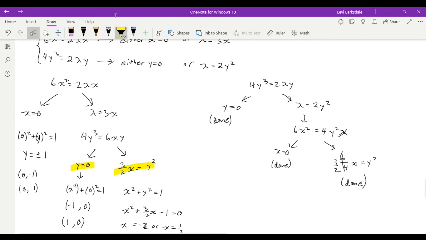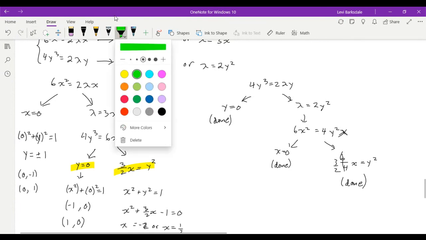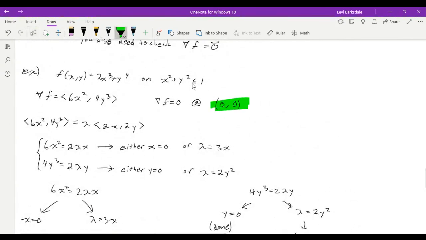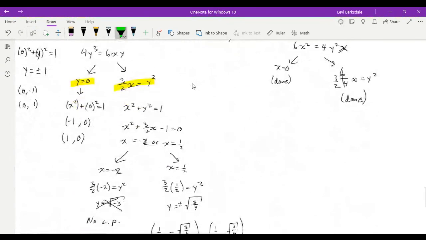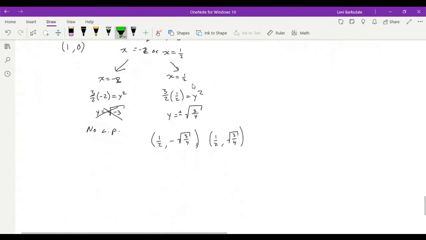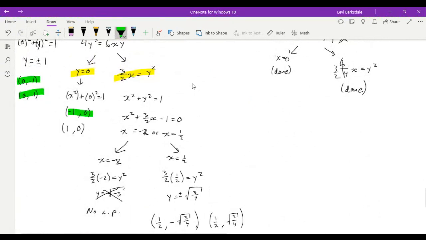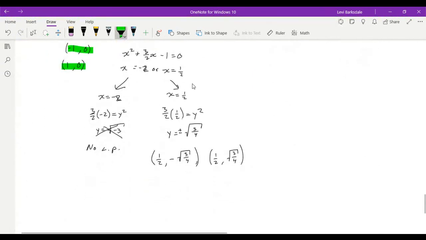But regardless, we can now find all of our critical points. I'll go ahead and highlight them. Way back at the beginning, we found (0, 0) as a critical point using gradient of f equal to 0. We also found (0, -1) and (0, 1). We also found (-1, 0) and (1, 0).